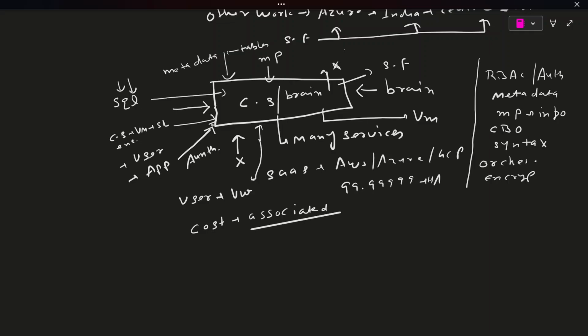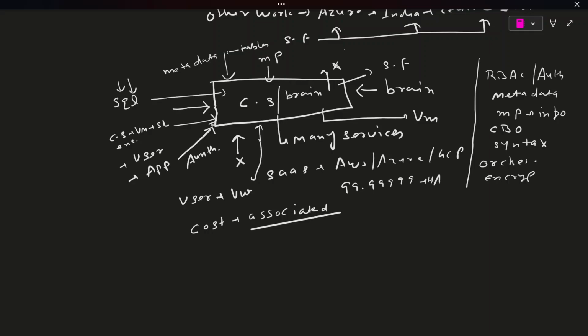So yes, cost is associated since, as I said, this cloud service is a set of many services running on this layer for different purposes. For example, if you have clustering, auto clustering is also done by this. If you have a materialized view, then the materialized view refresh is also done by this.